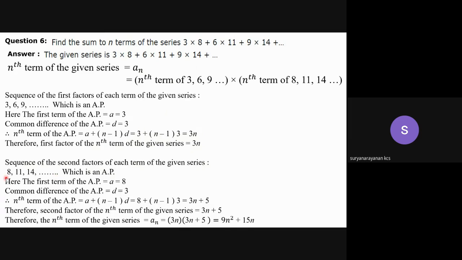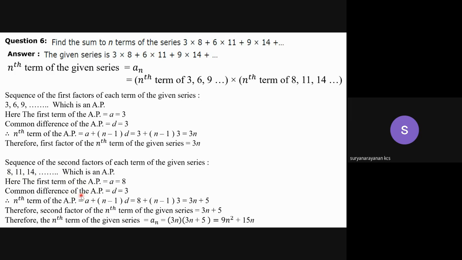So we have written the second factors of each term of the given series in this line: 8, 11, 14 and so on. Now if you observe this sequence of numbers, it forms an arithmetic progression. Here the first term of the arithmetic progression is 8. What is the first term of this arithmetic progression? 8.